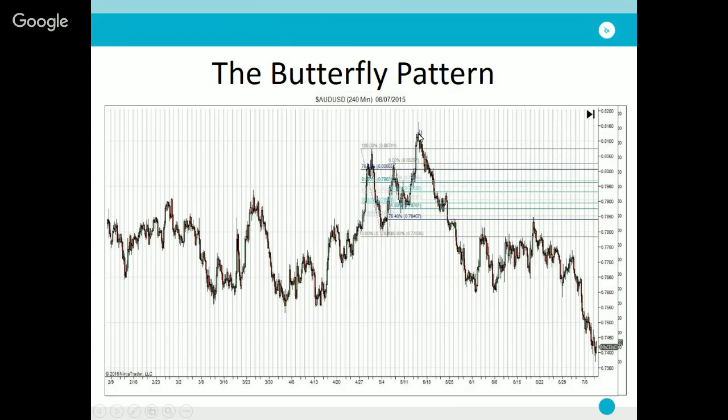And so we want to monitor price as it returns to retest these broken highs, because if price is going to fail and move higher, these are generally going to be the areas where we're going to get buyers stepping back in.